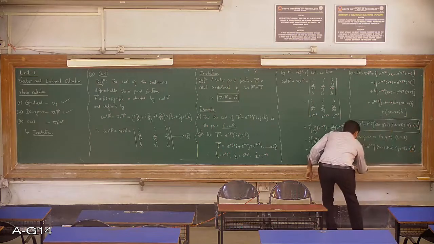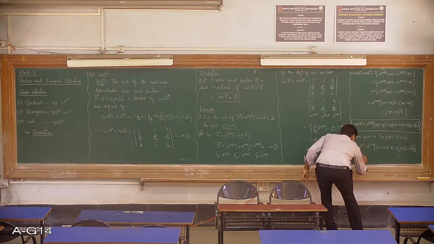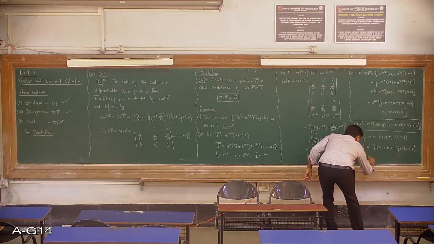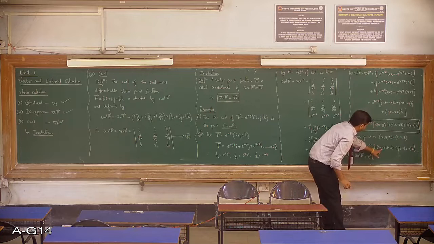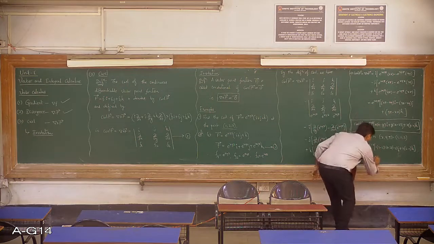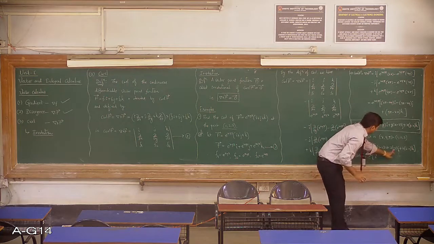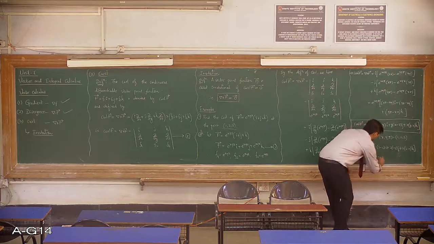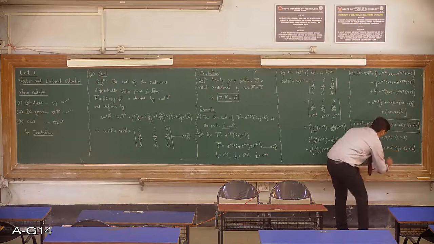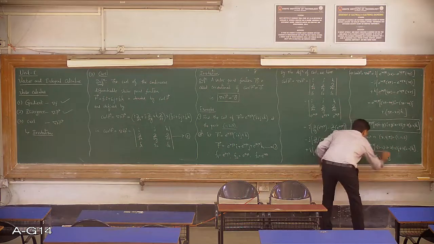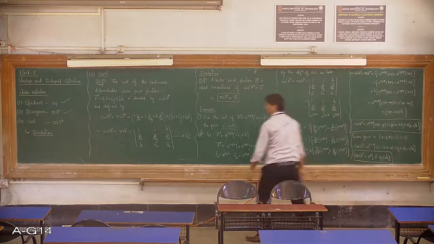So the final answer here is e to the power 6 in the bracket: 1 into (3 minus 2), 3 minus 2 is 1, into 1, that is 1. This is i. 2 into minus 2, this is minus 4j. And this is 3 into 1, that is plus 3k.